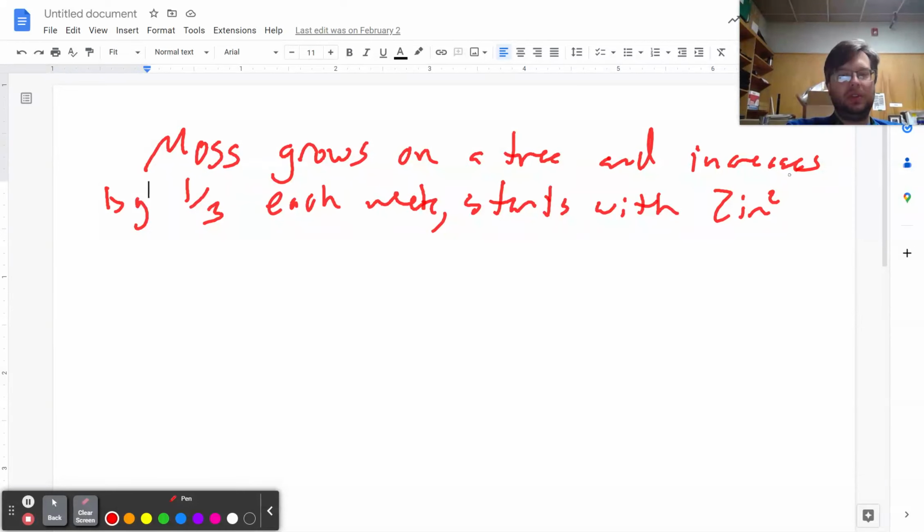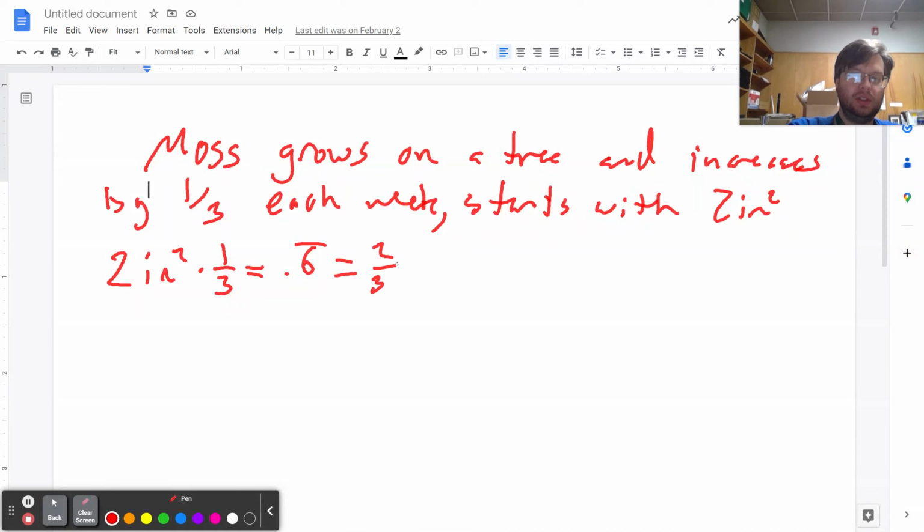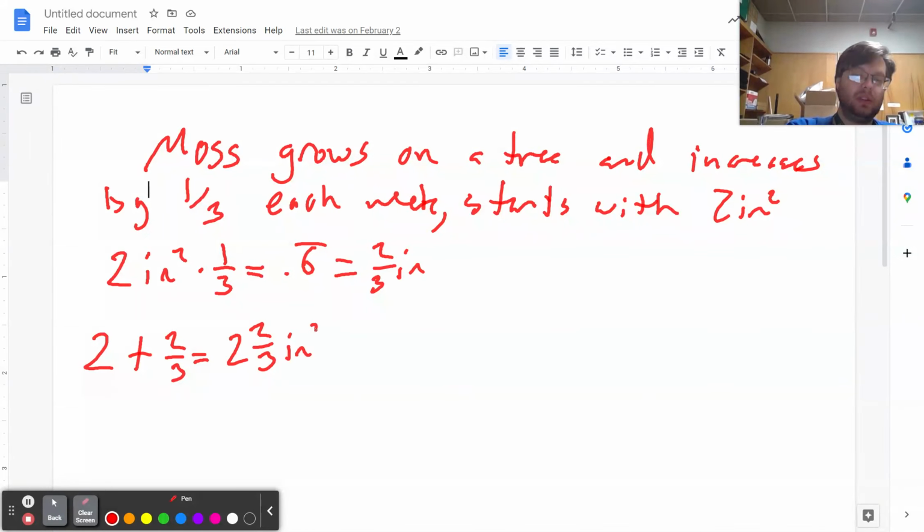So in this situation, we'd say, okay, 2 square inches times a third is, you could say, 0.6 repeating, but it's easier to just say 2/3 inches. So what that means is after 1 week, you do 2 plus 2/3 to get 2 2/3 square inches.